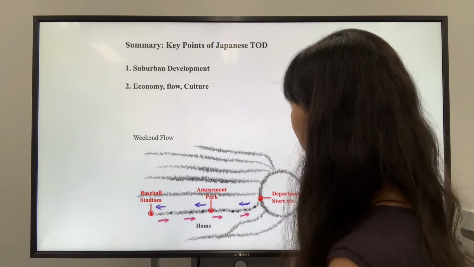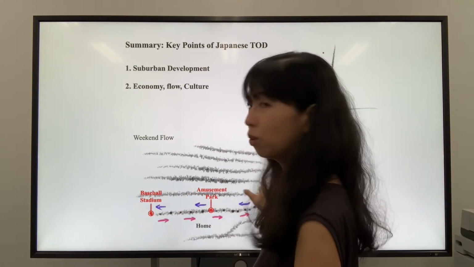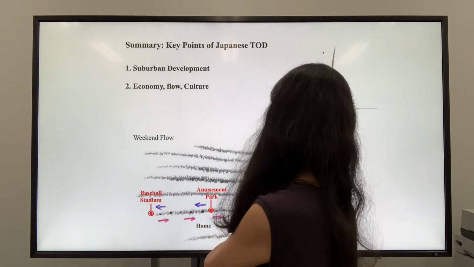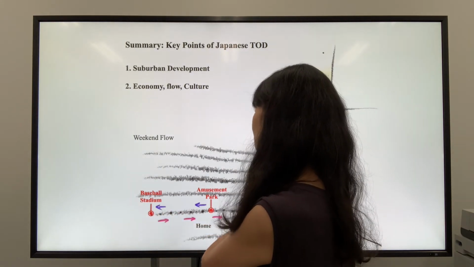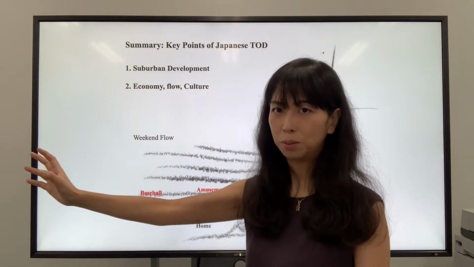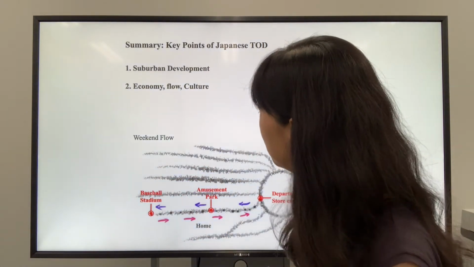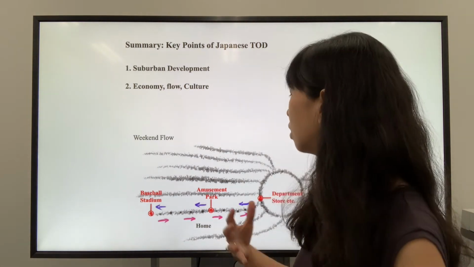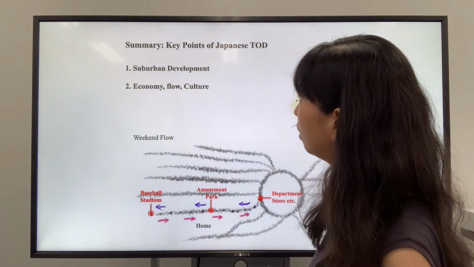So there will be a dynamic flow that goes towards the city center, but at the same time it will create another flow towards the suburbs. That dynamism, in a longer term, creates a culture.